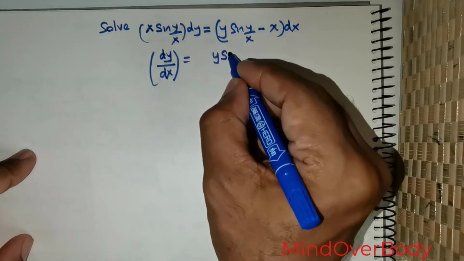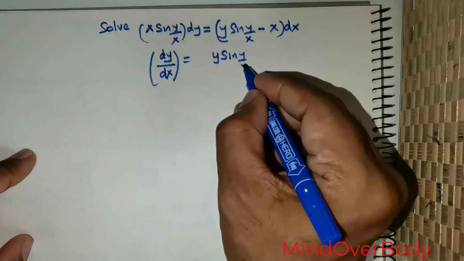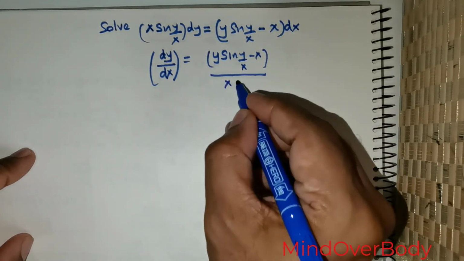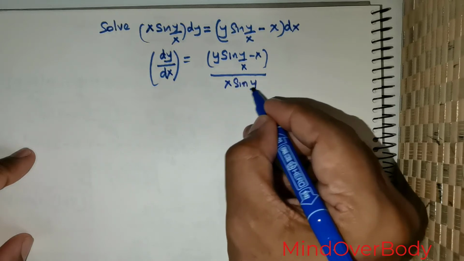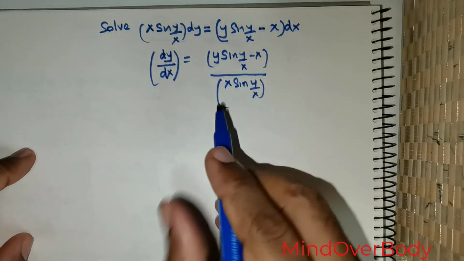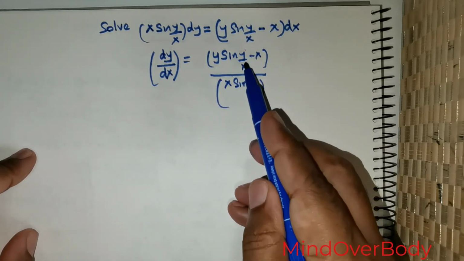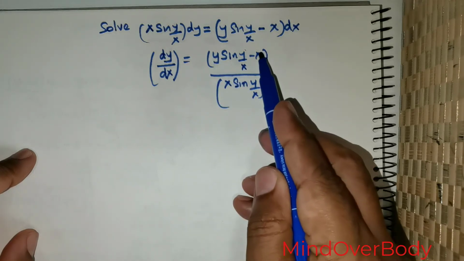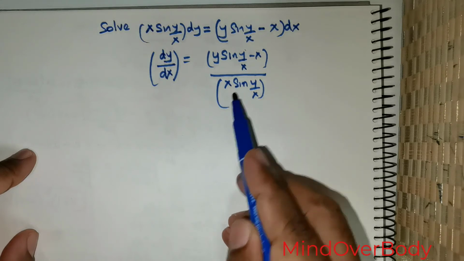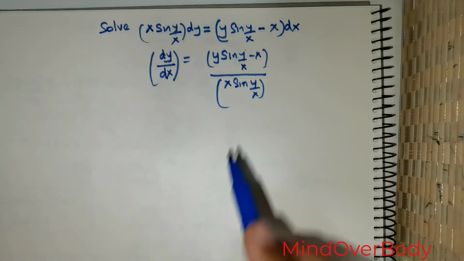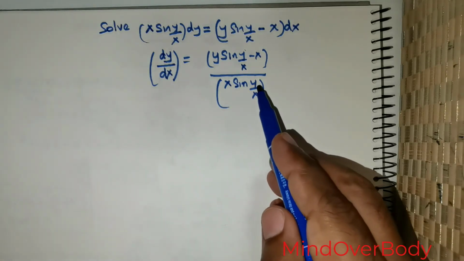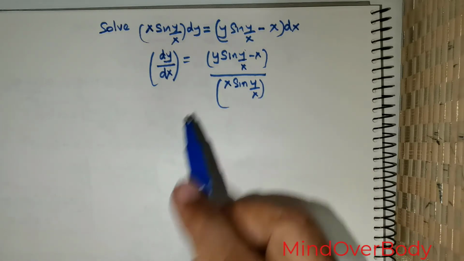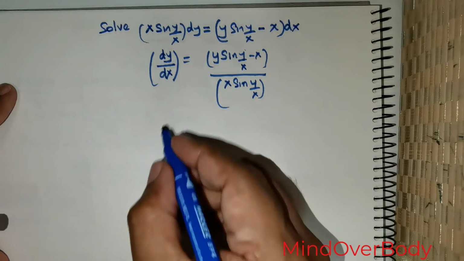So this is going to be y times sine of y over x negative x divided by x times sine y over x. Now clearly the degree of y is 1, the degree of x is 1, the degree of this y is 1, this x is 1, and comparing it to the denominator, we see the degree of y here is 1, the degree of x is 1, and the degree of this x is 1. So clearly this is a homogeneous equation.